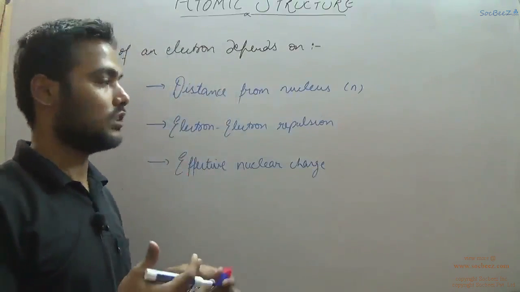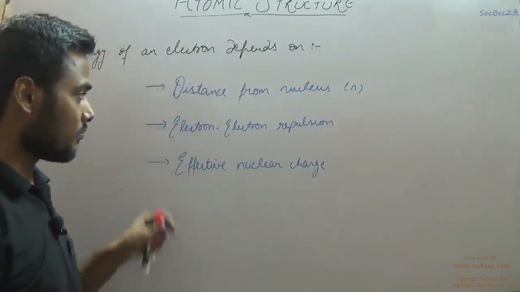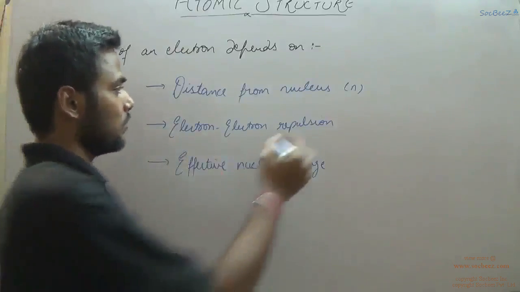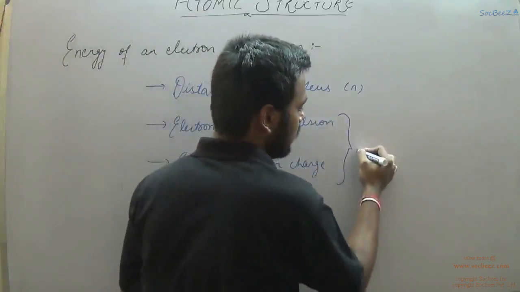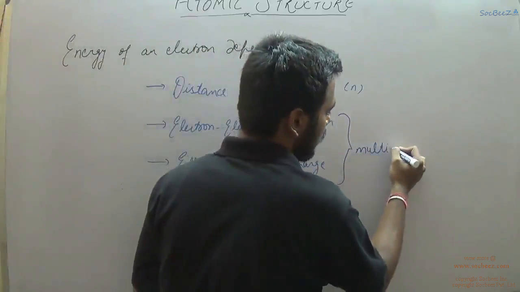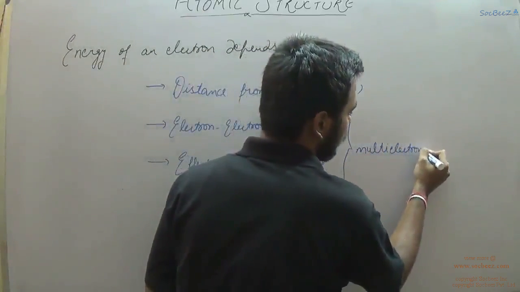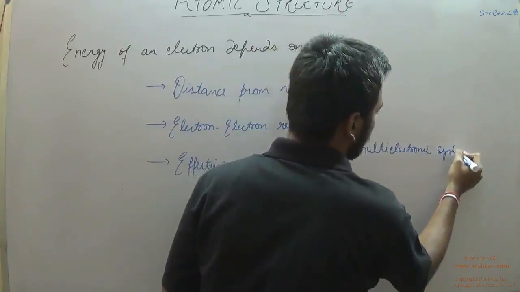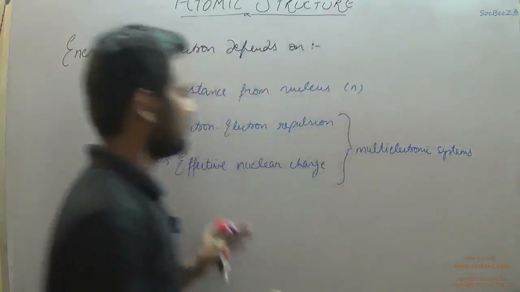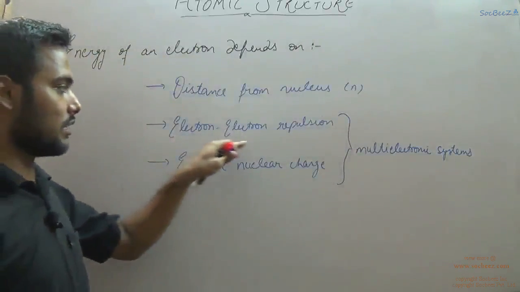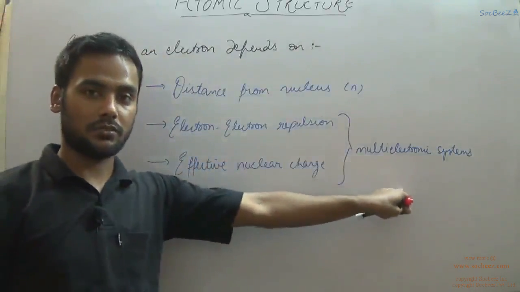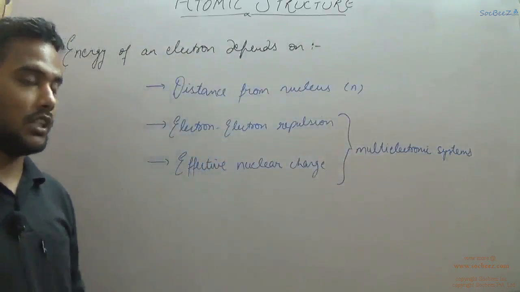These two factors are predominant in multi-electronic systems, that is, systems with more than one electron.